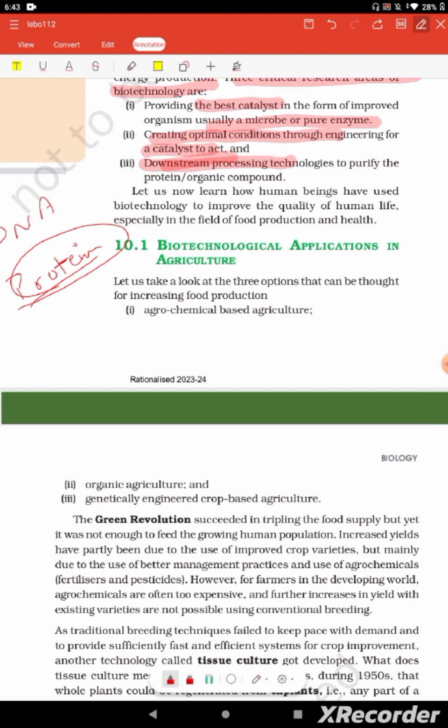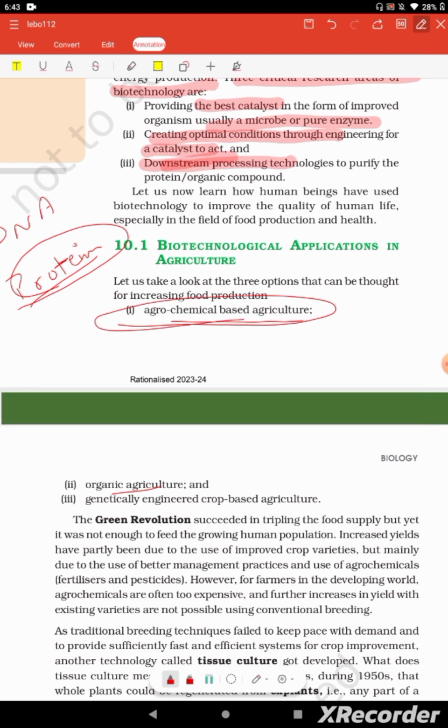To obtain food production, three options are there: first, agrochemical based agriculture; second, organic agriculture; and third, genetically engineered crop based agriculture. The first two are traditional forms of agriculture which are in operation since a long period of time.